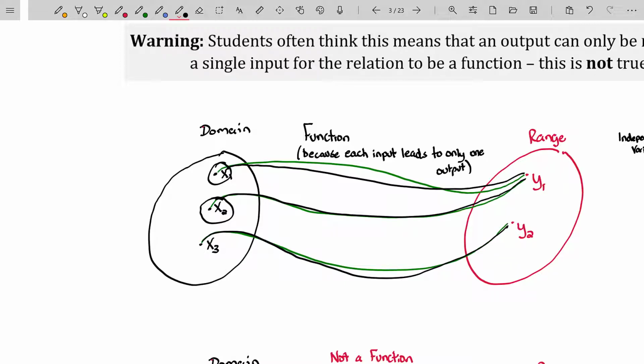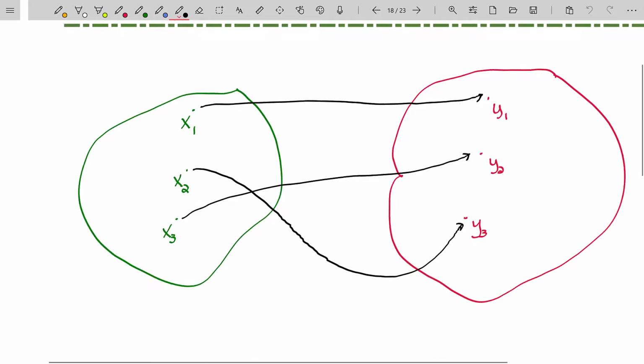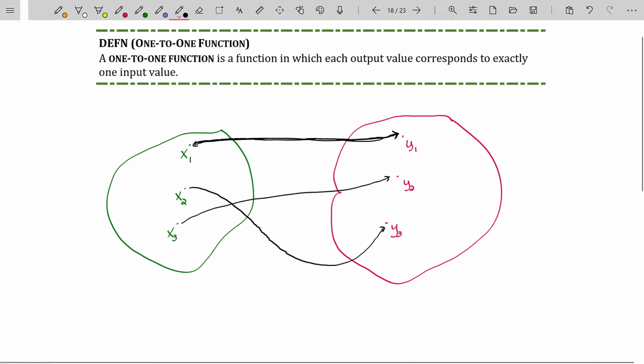So each input only goes to a single output. However, even though that's a function, it is not a one-to-one function. To be one-to-one, we need that mapping to go both directions. In other words, the input of x1 only goes to y1 and y1 only leads back to x1. That would be a one-to-one function.